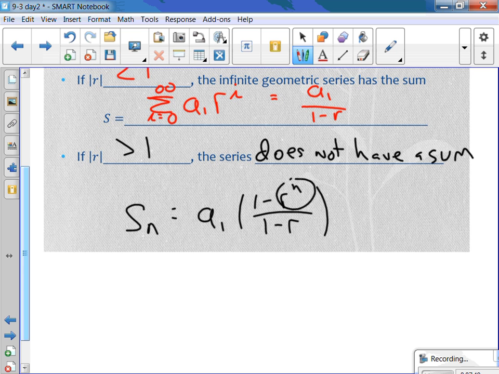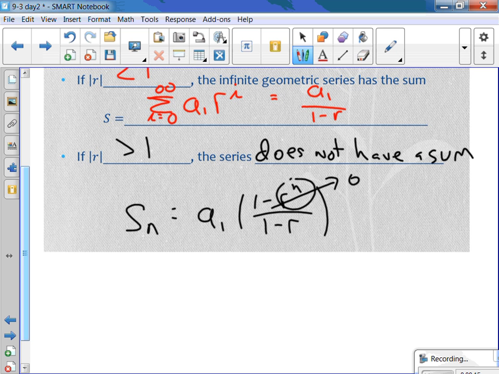When r is small, 1/2, 1/4, 1/3, and now I'm going to the tenths, to the thousandths, to the millionths, it's getting smaller. It's pretty much going to 0, leaving me behind with 1 over 1 minus r times a1, or a1 over 1 minus r. That's where this is derived from. I'm not going to touch on that, but it's good to know where everything comes from.